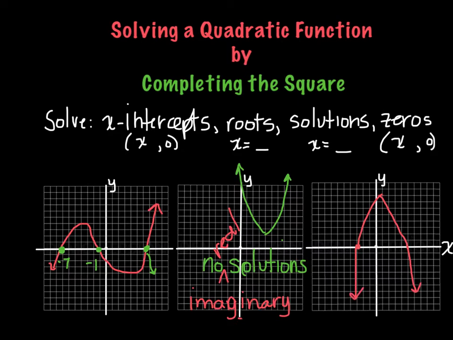Okay, this has two solutions at -3 and at +5. Okay, just to do a little bit of a review, these solutions can be put into factors x plus 3, x minus 5. Okay, so now we know what we're looking for.